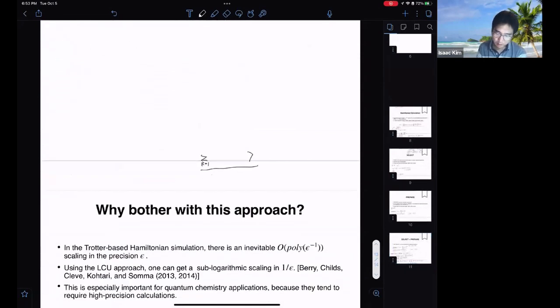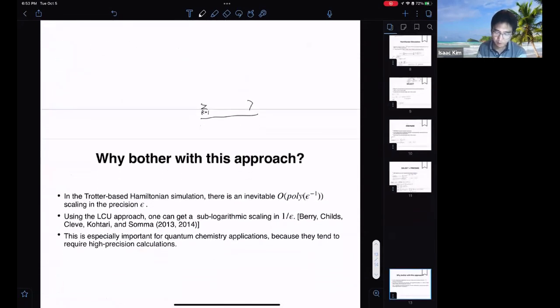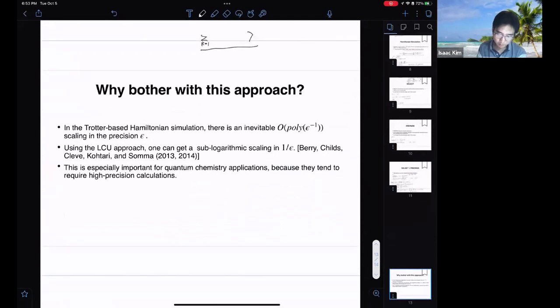Okay, so I understand that this might look very complicated, because when I first looked at this, I thought it was very complicated. But you might wonder why bother with this approach. And the reason is, in the Trotter-based Hamiltonian simulation method, there is an inevitable scaling in the inverse precision 1 over epsilon, which scales polynomially with 1 over epsilon.